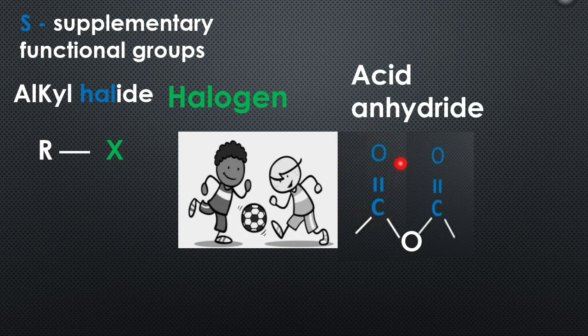They look like soccer players. It looks exactly like this picture. Not really, but it's a way to identify this particular functional group. We can use this as a means of identifying what type of functional group is present in the compound. So an acid anhydride is 2 soccer players with a ball in their middle. So 2 carbonyl groups with an oxygen atom in their middle.